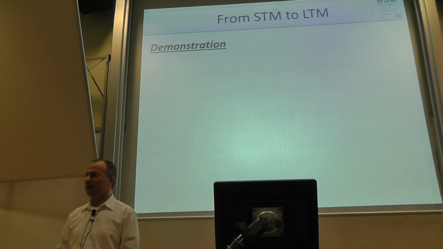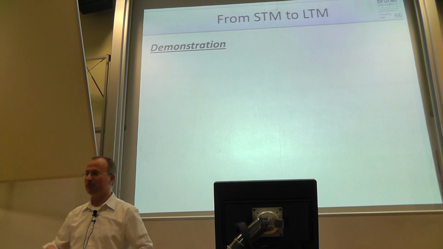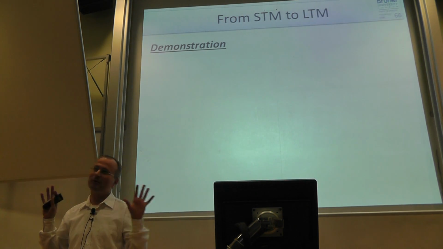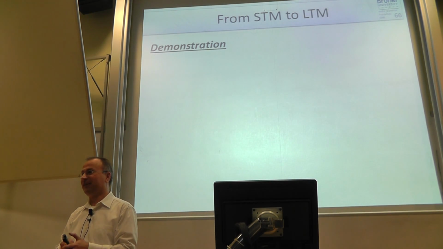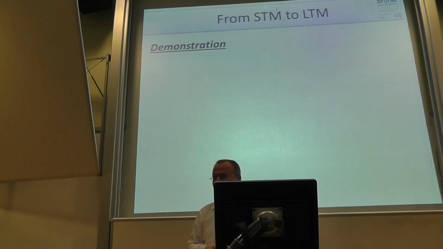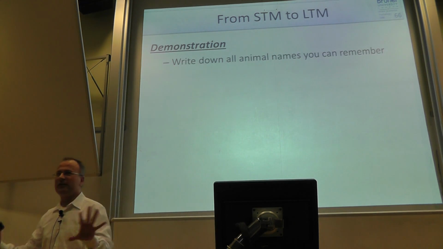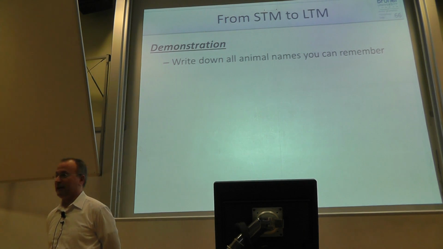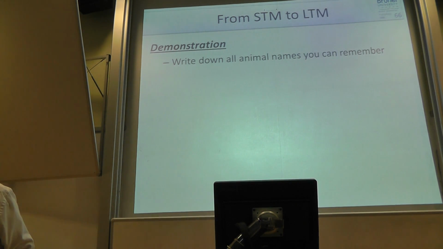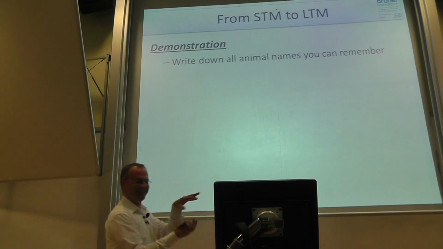Okay, now let's go back to our initial demonstration. Let's put away all your sheets where you have the city names and the animals on there, and let's see how you now remember the animals and cities. If you put everything aside, just write down all the animal names you can remember. Oh, unfortunately, I don't have anything more.